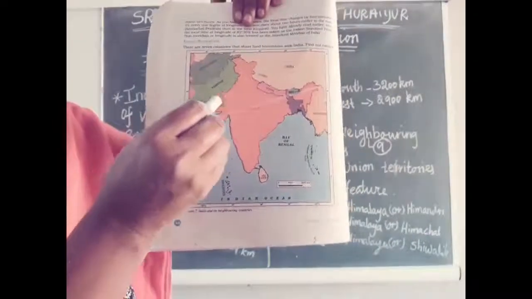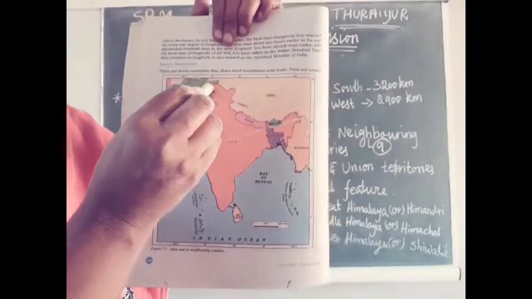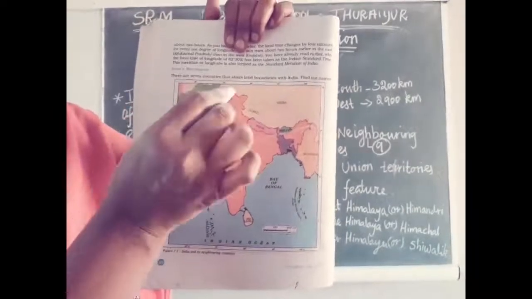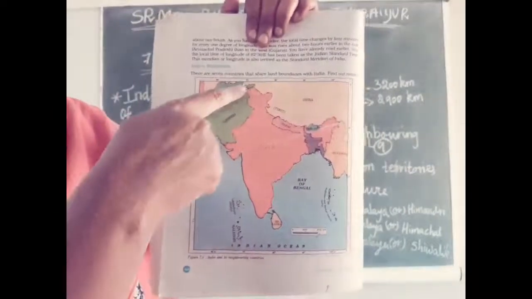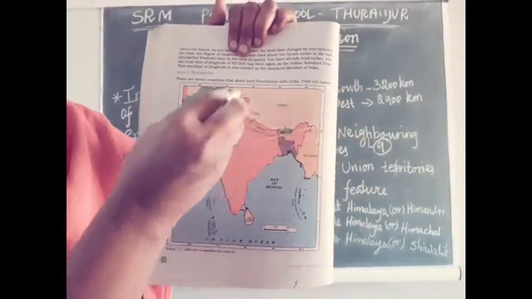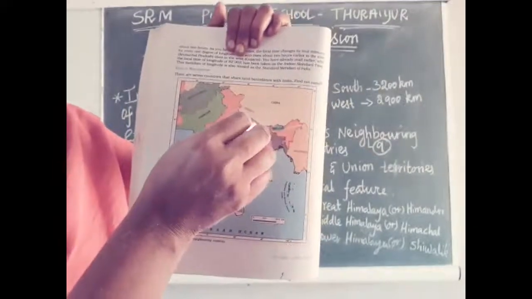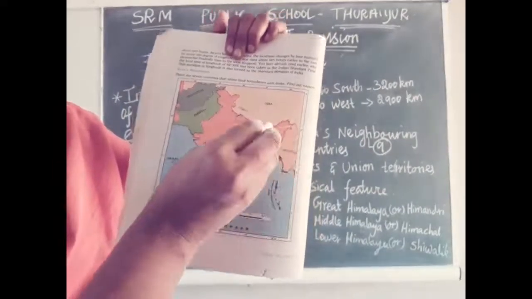Listen here. This is Pakistan, so Pakistan's western border is shared with us. Here at the top is Afghanistan, which shares its boundary with us in Jammu and Kashmir. China also shares its boundary with us, Nepal also, and Bhutan also.